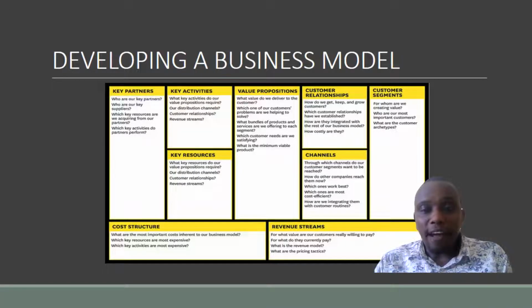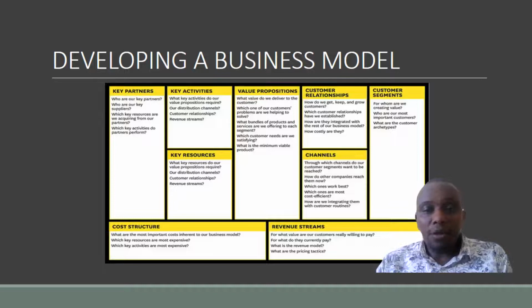I know we have very many more canvases or models that we can use. We have what we call the Lean Canvas, but I love this one because if you look at our environment, especially in Kenya or in Africa, it tries to capture each and every area that is important, especially when it comes to our business development.